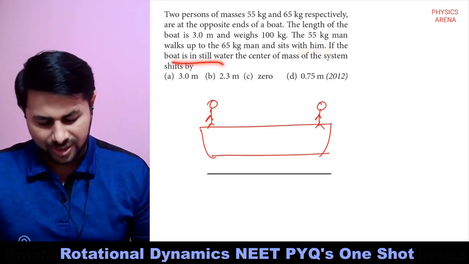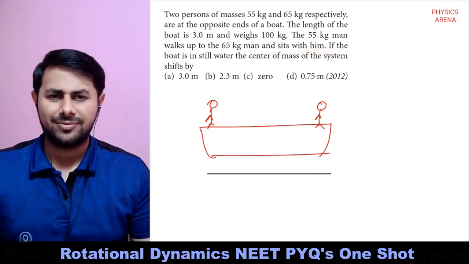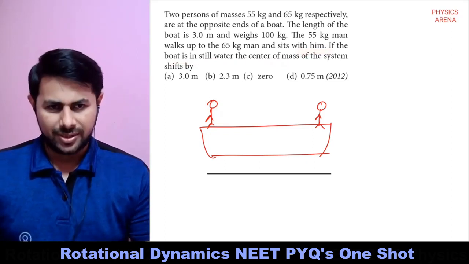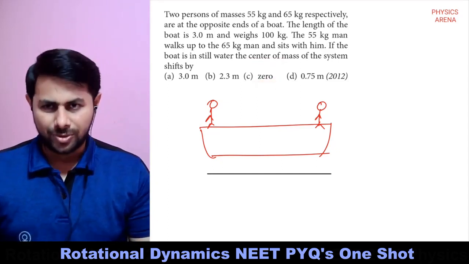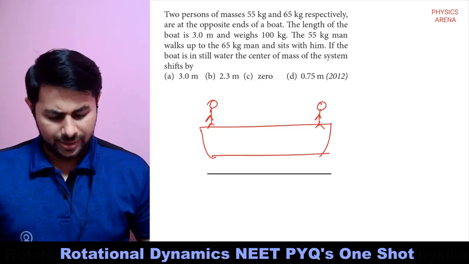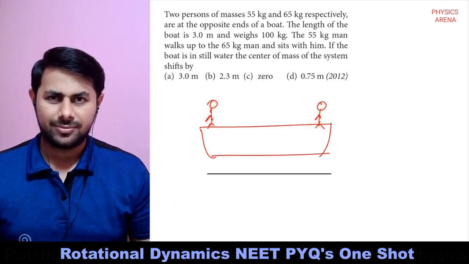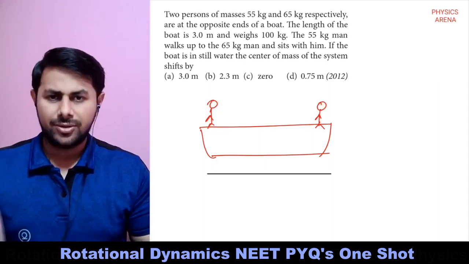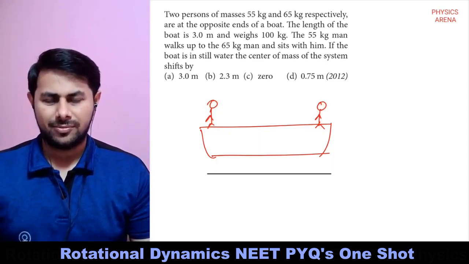If the boat is in still water, the center of mass of the system shifts back. Option C, right? It's option C because there is no external force. Whatever these masses do internally, there won't be any acceleration of center of mass.